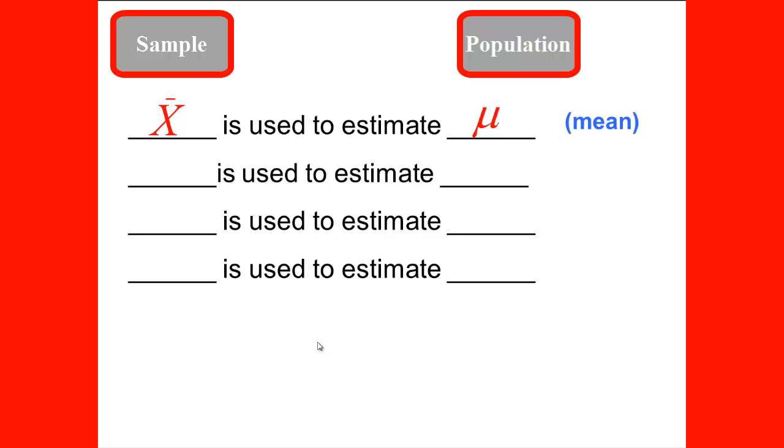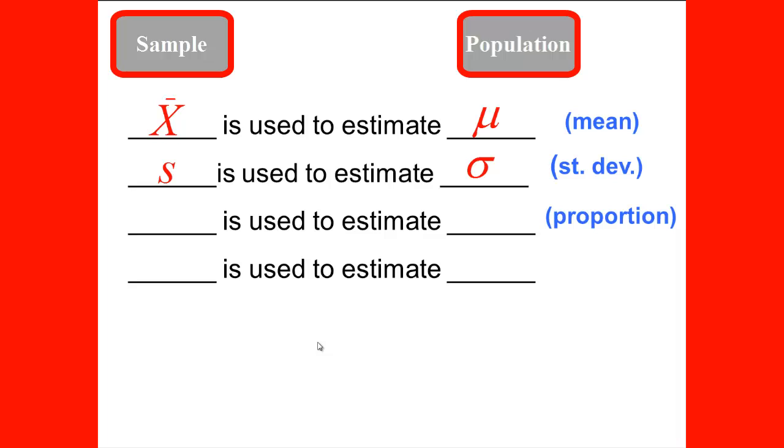And we use X bar to estimate what mu is. We use the sample to estimate the population. For standard deviation, S is used to estimate sigma. The sample standard deviation S is used to estimate the population standard deviation sigma.